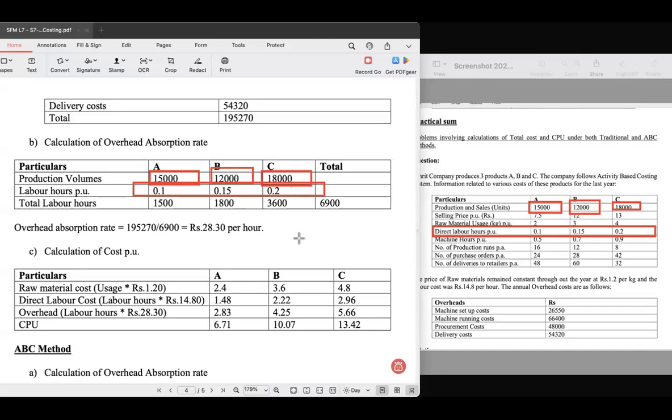Everyone calculate and see whether you get the answer provided on the document or you get a different answer. 12,000 into 0.15, 18,000 into 0.2. Everyone, please work it out.